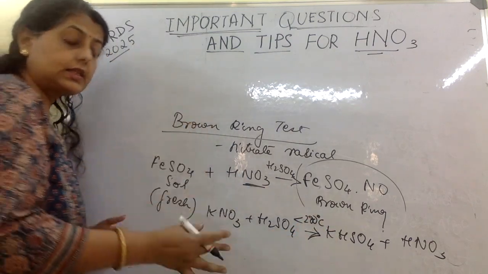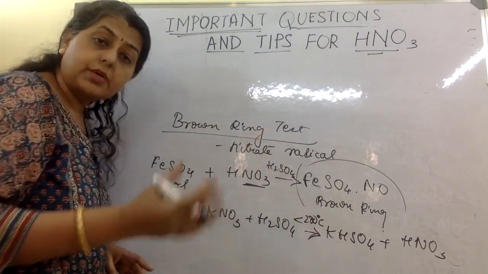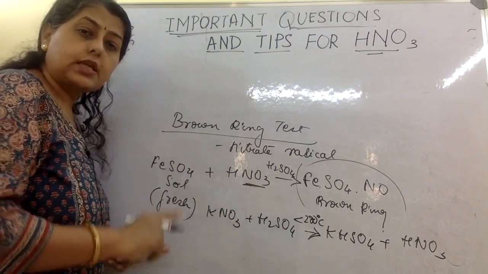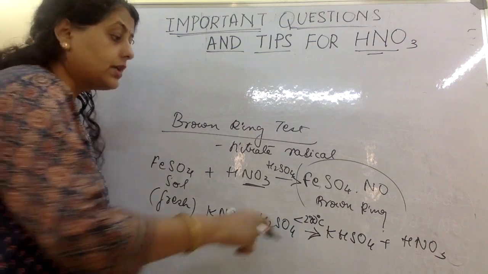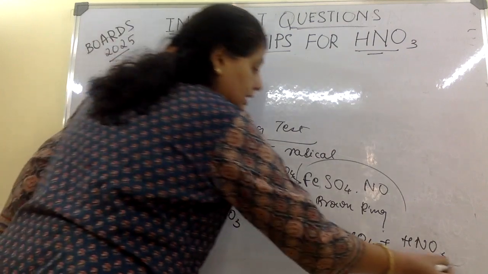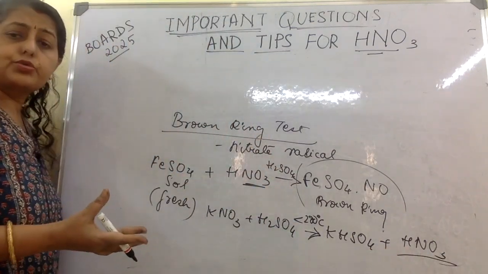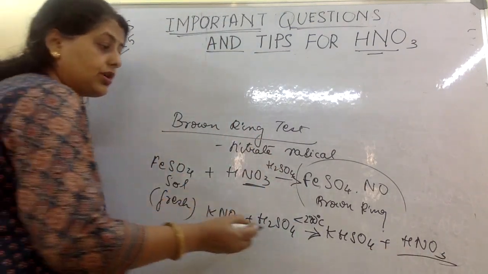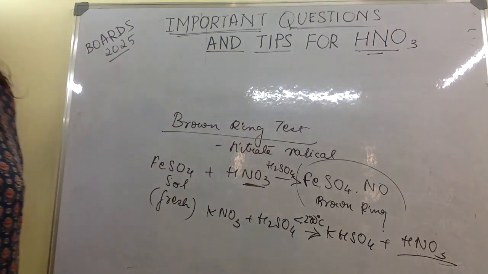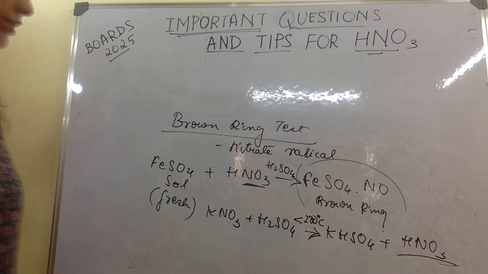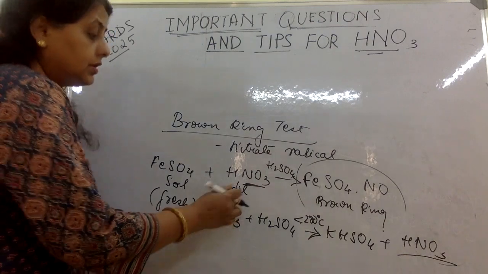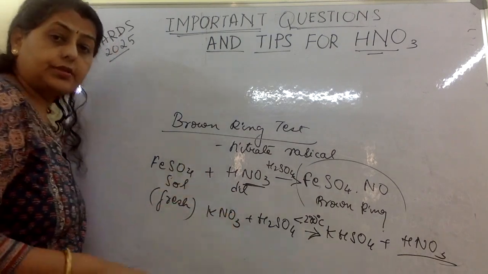Why? Again, that sticky substance: if we raise the temperature above 200, then we get K2SO4, which sticks in the test tube and the apparatus. We don't want all that mess. So we keep it below 200 and then it can produce HNO3. This is one of the methods to produce HNO3. Remember it has to be kept below 200 degrees centigrade. I just missed something: here, this acid has to be dilute nitric acid.